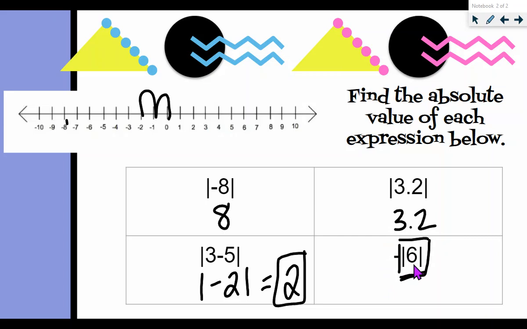So the absolute value of 6, it's 6 spaces away from zero, so that would just be 6. But since we had that negative outside, we need to keep that negative and put it down onto our answer. So our answer here is -6. The absolute value is positive, but because we had that negative outside, our final answer is -6.